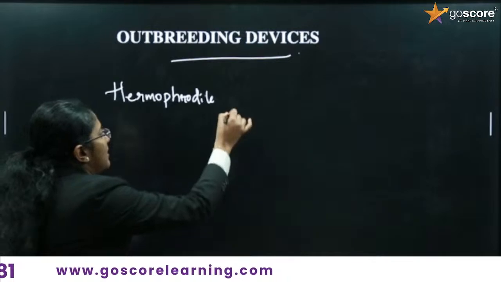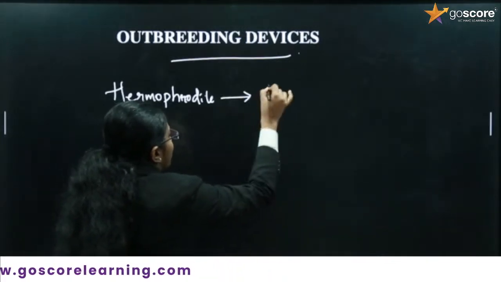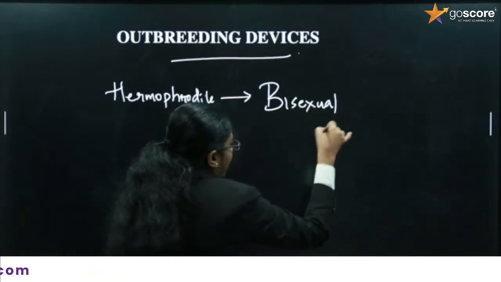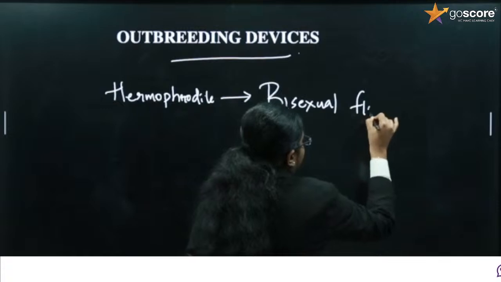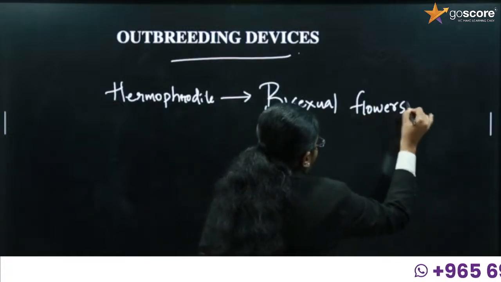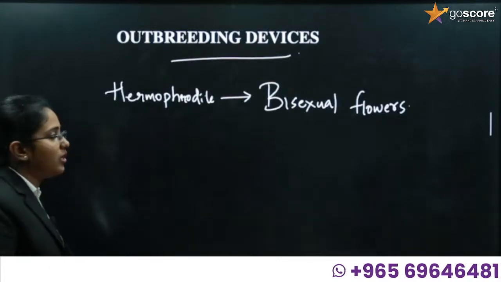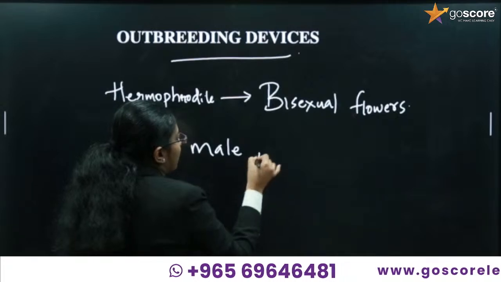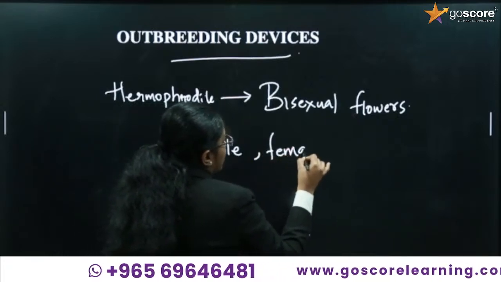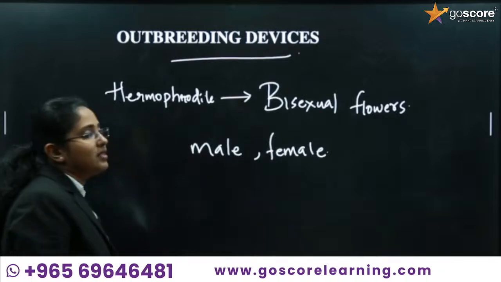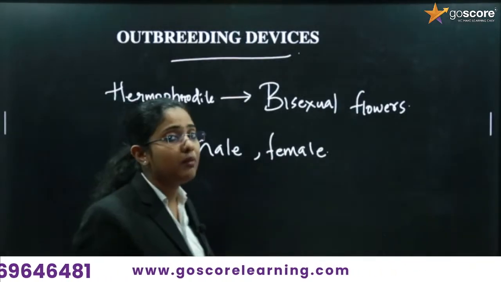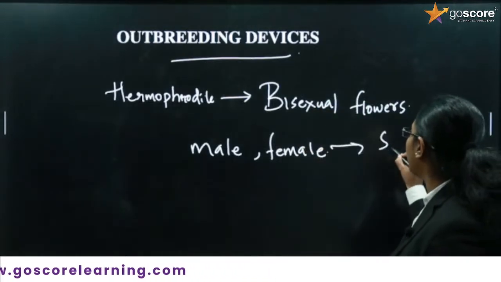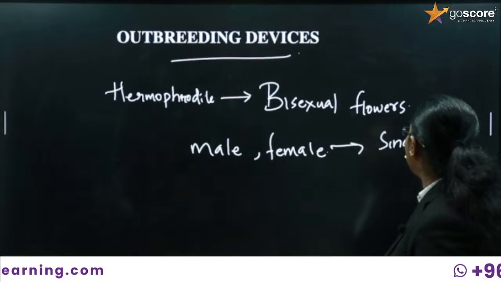Hermaphrodite flowers are also known as bisexual flowers. Bisexual flowers have both male and female reproductive structures present in the same flower.